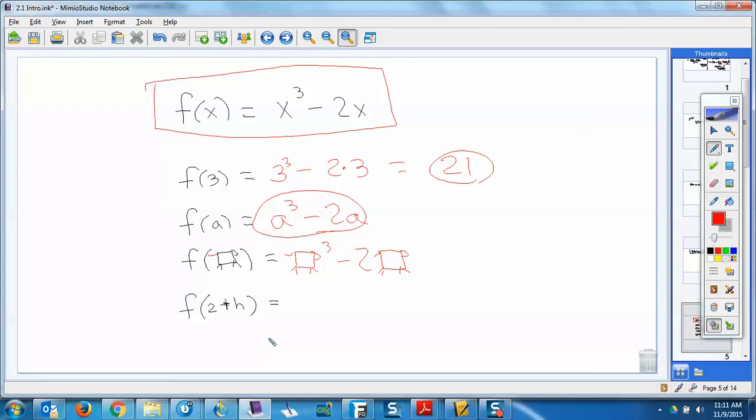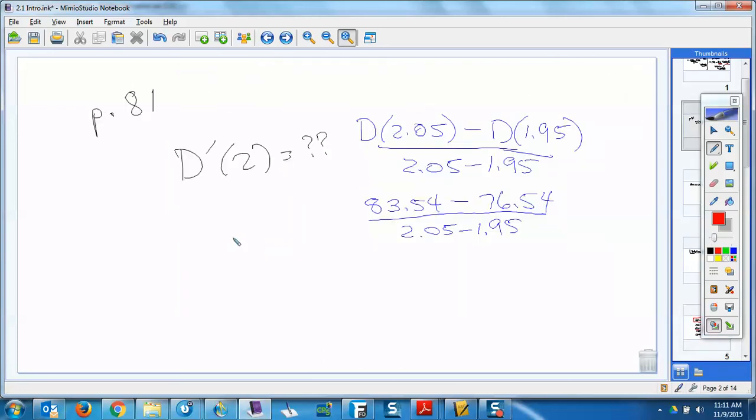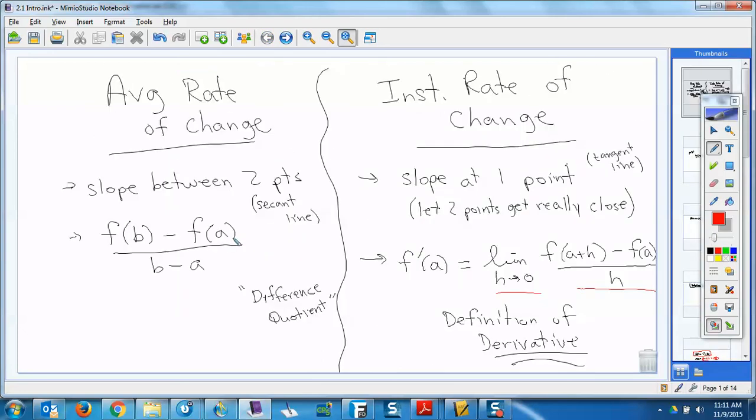In other words, f of something means take that something and put it in for the input of the function definition. Here's the function definition saying f of x is x cubed minus 2x. F of something is the something cubed minus 2 times something. Now, we can see where we might want f of a, because we just got done talking about this derivative definition that has an f of a in it, right?